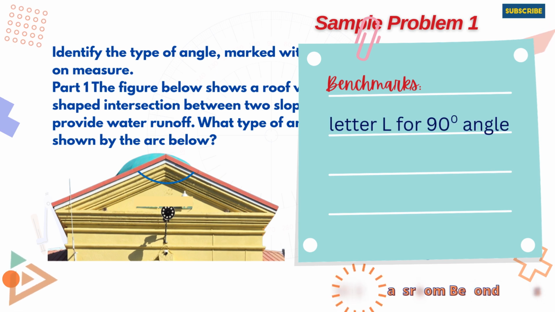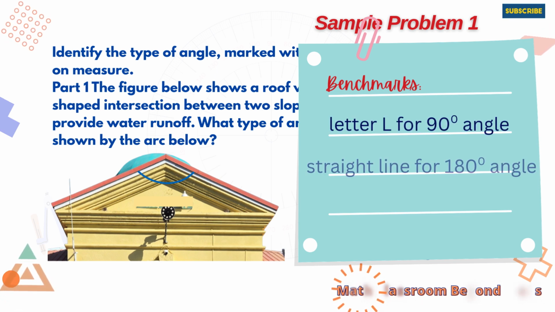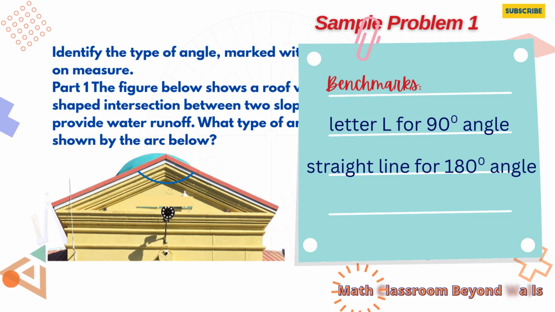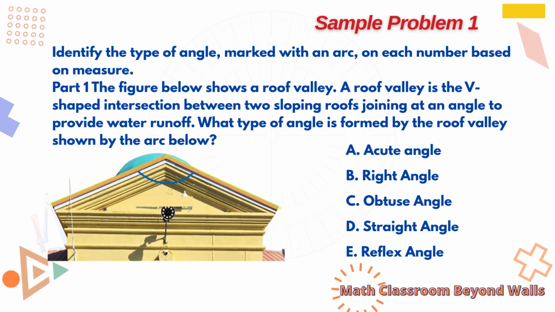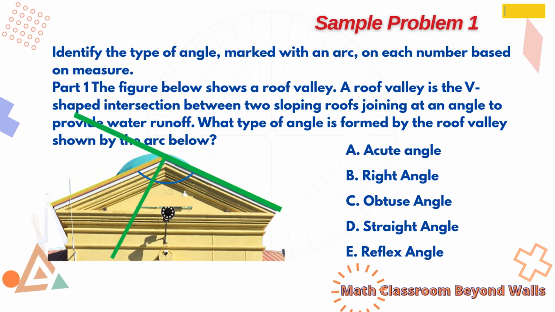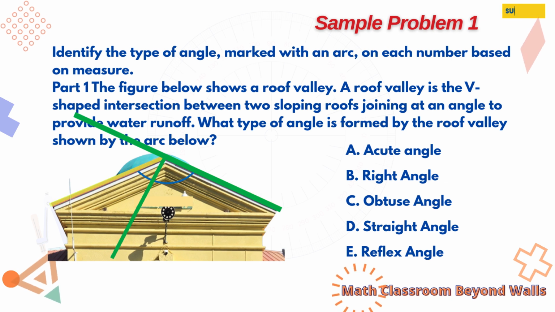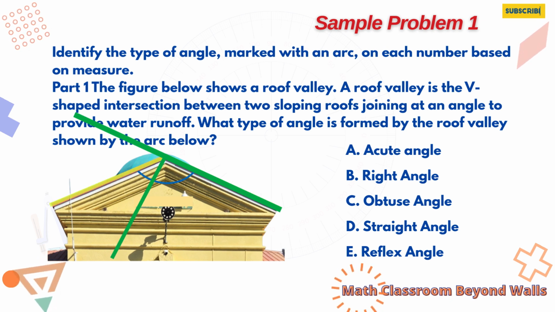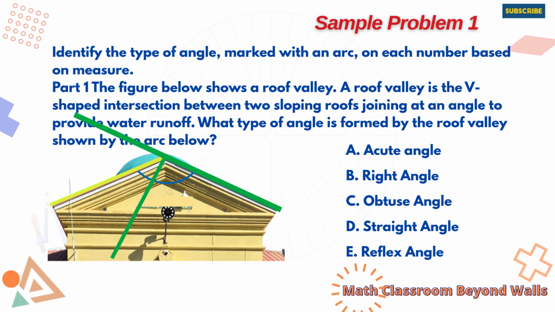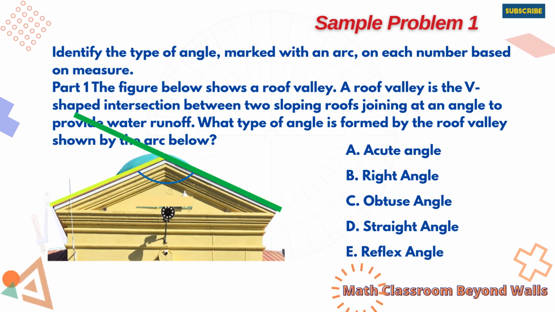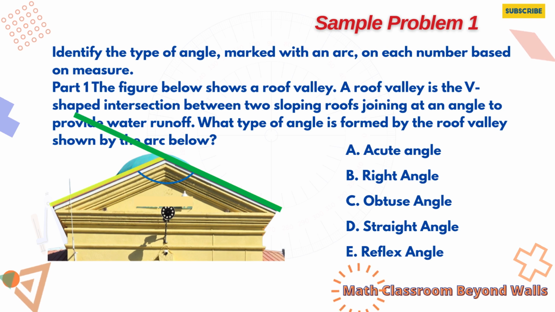Our letter L for 90-degree angle and a straight line for the 180-degree angle. Now, do the sides of the angle represent an L or a straight line? Okay, so not an L nor a straight line. It is between the two, which means a measure greater than 90 degrees but less than 180 degrees.